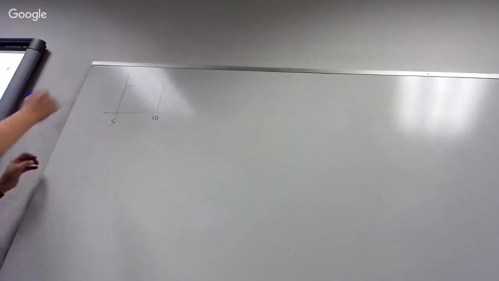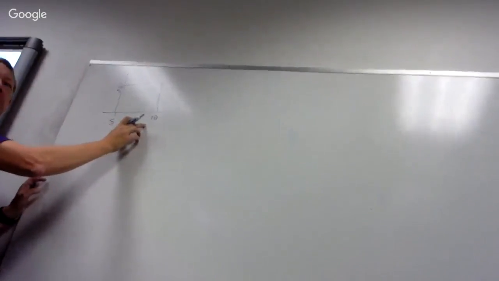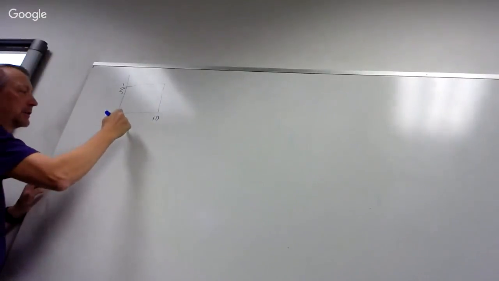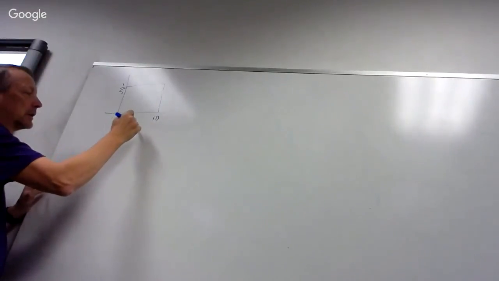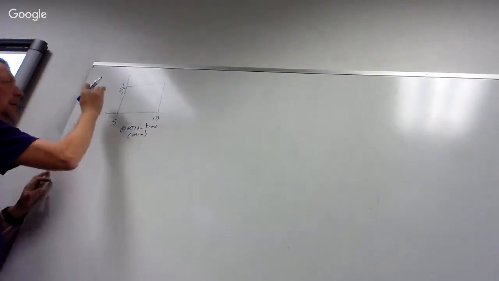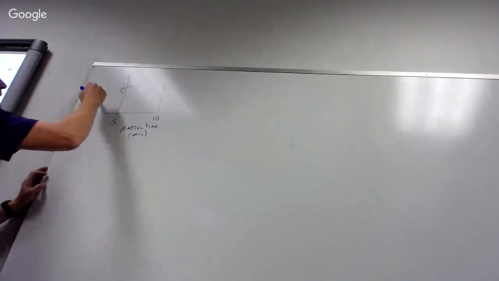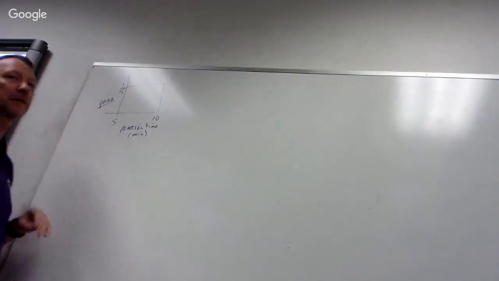How tall is it? 1/5. What would we label this? Reaction time in minutes. And this would be probability. Thank you. My other class really struggled with that.